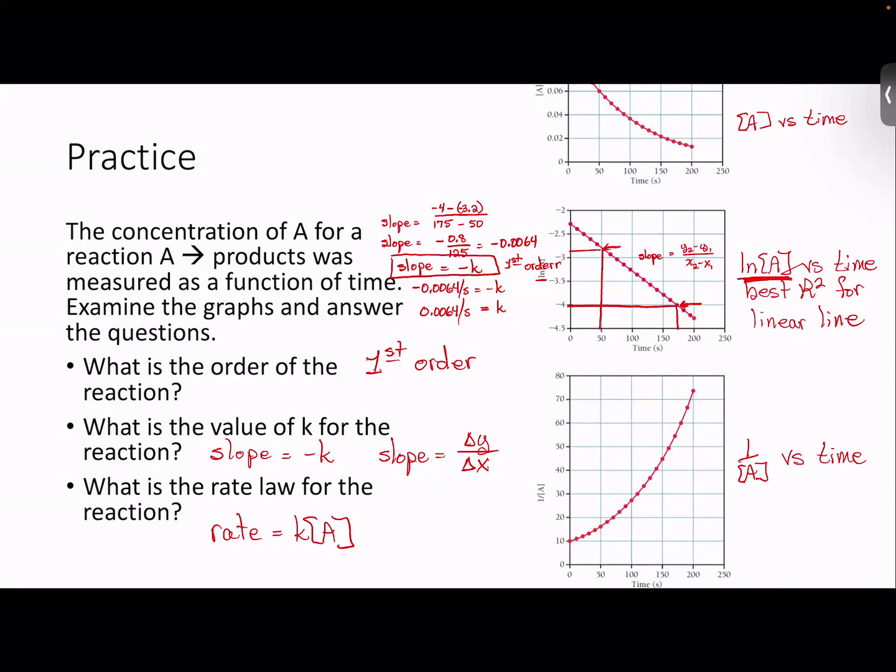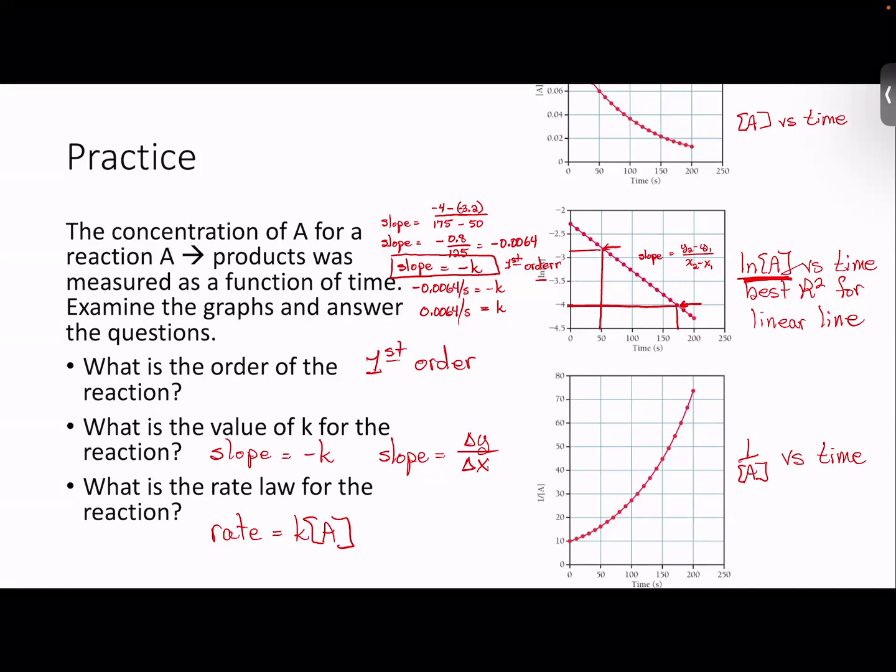As far as how I expect this question on the exam, that's a good question, actually. Like I said, I'll give you 3 graphs. I'll ask you what's the order with respect to the reactant. I'll ask you, what is the rate constant?